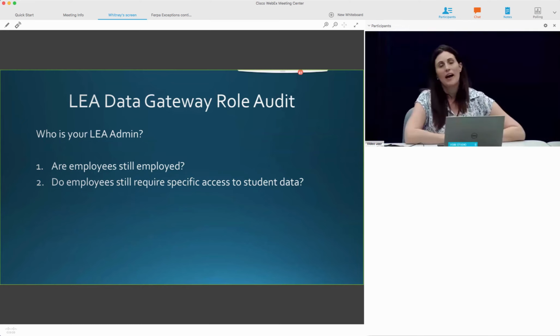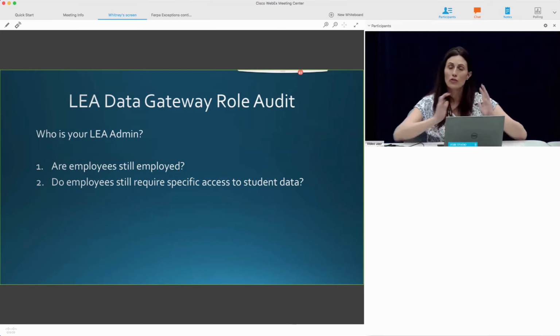We have looked at those access roles. If you're not familiar with the data gateway, maybe I should say that. The data gateway is a USB-developed interface where there are different levels of access at the state, local, even the teacher level. If you have a Cactus ID, you're able to log in to the data gateway.